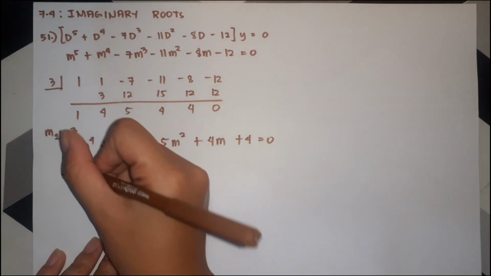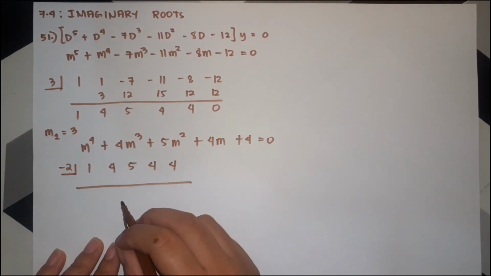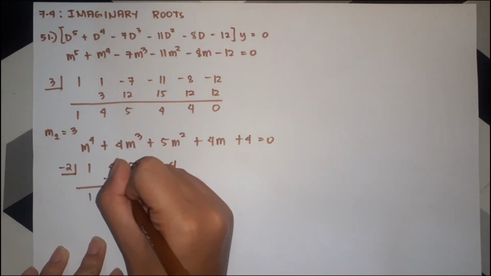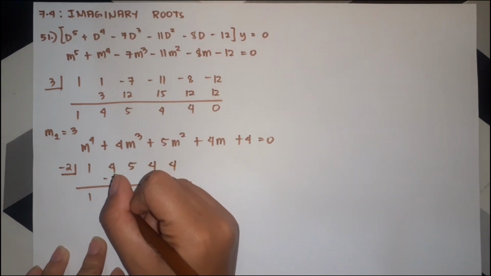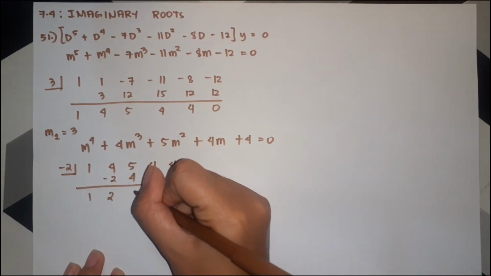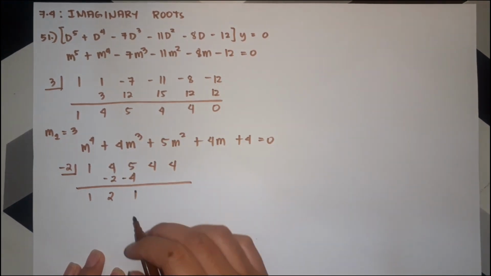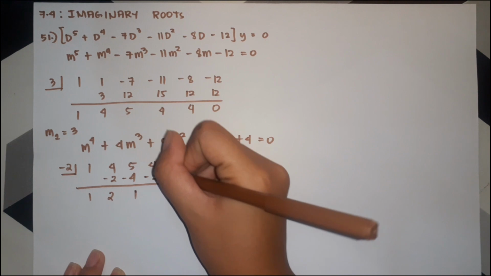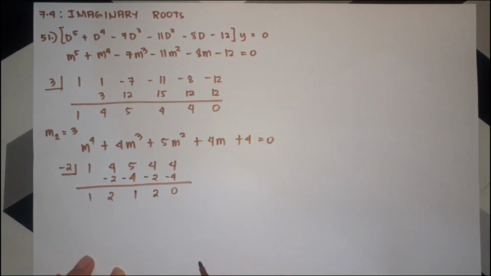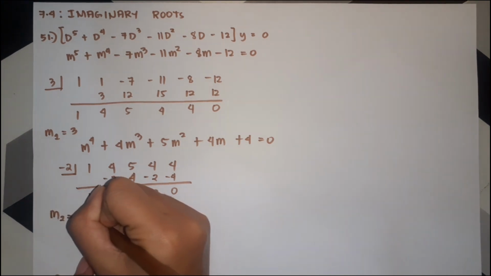We will try to use negative 2. Bring down 1. 1 times negative 2 is negative 2. 4 minus 2 is 2, times negative 2 is negative 4. Then 5 minus 4 is 1, times negative 2 is negative 2. This will be 2. Then 4 minus 4 is equal to 0. So our second root is negative 2.